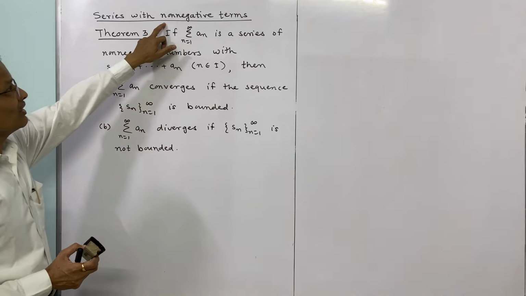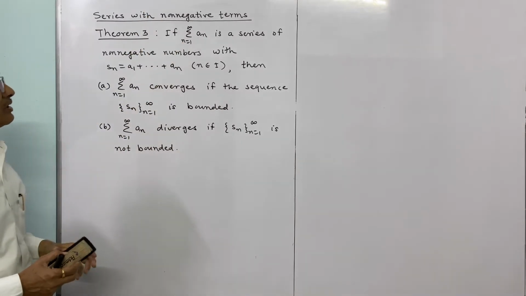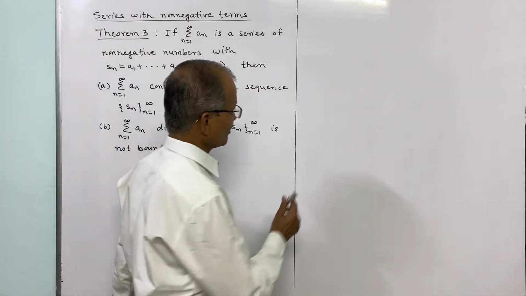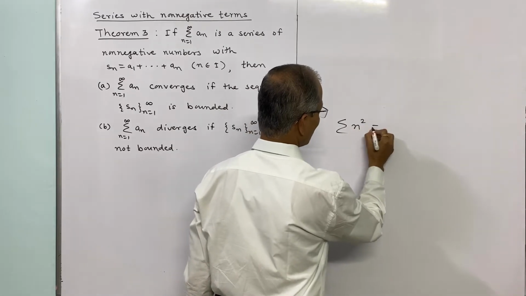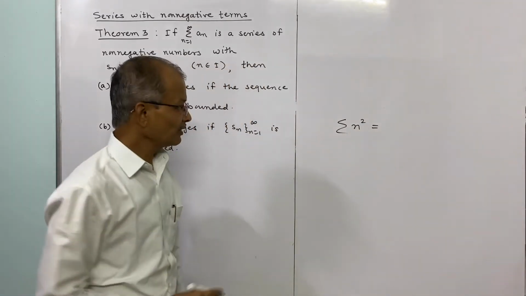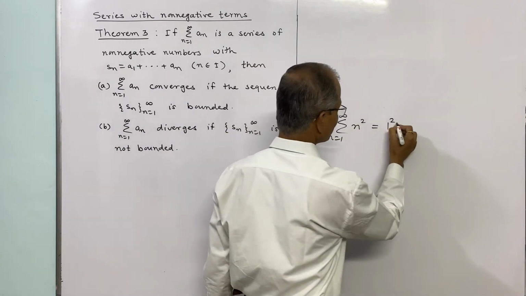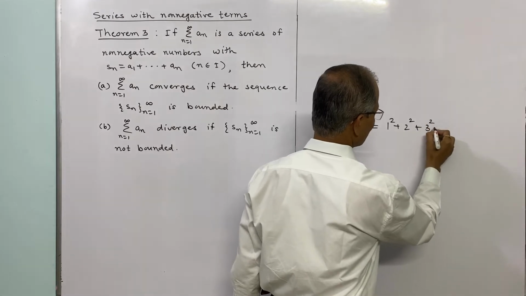But what is the meaning of a series of non-negative terms? It is clear that each term of the series is non-negative. So we may consider the series summation of n squared. As n takes values from 1 to infinity, the terms of this series will be 1 squared, 2 squared, 3 squared and so on.